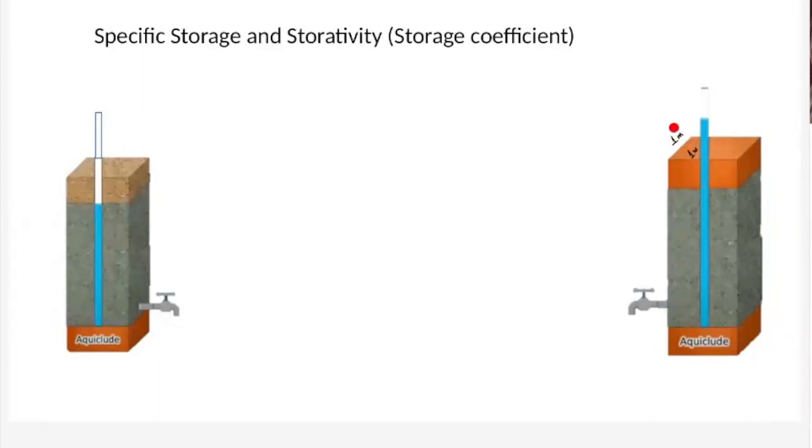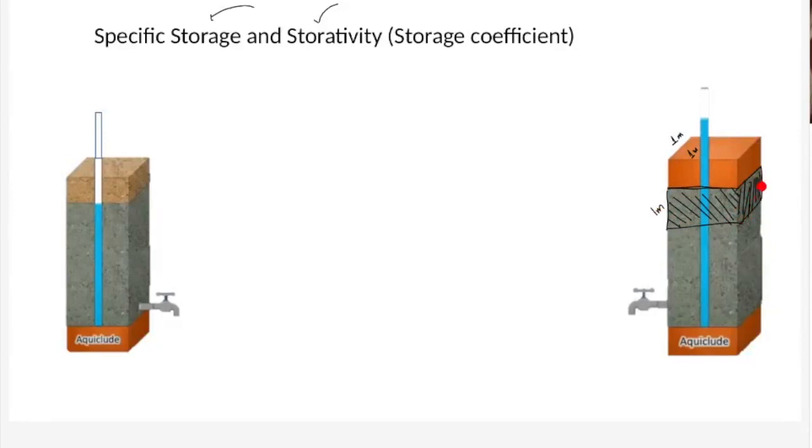We are taking this unit area both for specific storage and for storativity both, right. Now if you want to take unit volume you have to go 1 meter below, right? If I am going 1 meter below, this will be cube, yes or no? This gray portion, everybody understand this. If I go 1 meter below, then this gray portion will be 1 meter cube because surface area is 1 meter square.